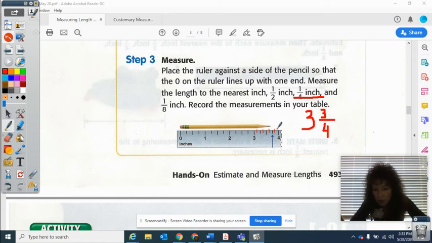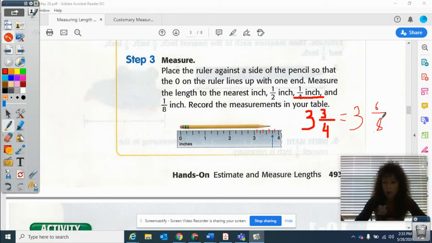But I think it's still closer to 6/8. Okay, 3 6/8, which is equal to 3 3/4. Those fractions are equivalent. Okay, so I'm going to erase that.